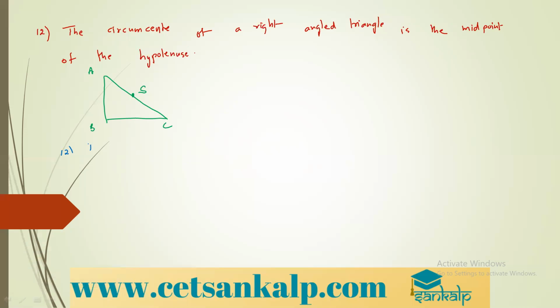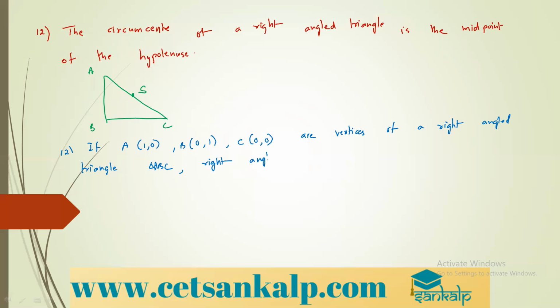Question number 12. If A is (1, 0), B is (0, 1), and C is (0, 0) are vertices of a right angled triangle ABC, right angled at C, then we have to find its circumcenter.